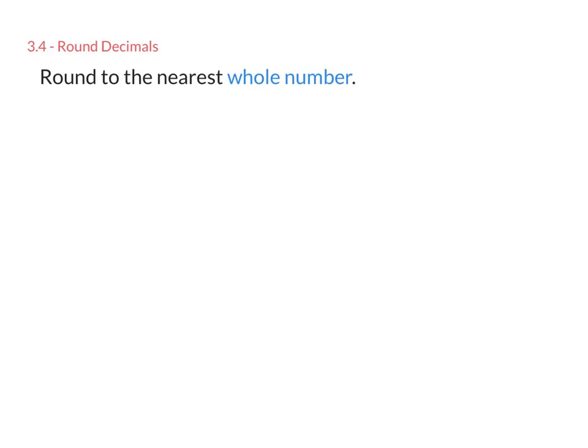All right, and finally, let's talk about rounding to the nearest whole number. Whole number always means ones place. So let's say we have the number 13 and 2 tenths. If we're rounding to the nearest whole number, we're rounding to that ones place right here. So 13 and 2 tenths is between 13 and 14.